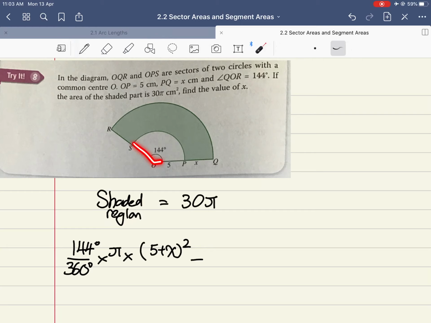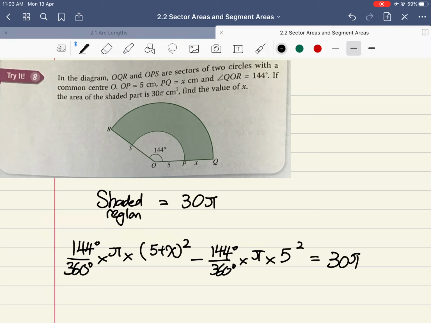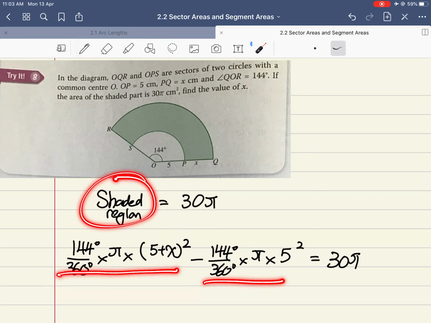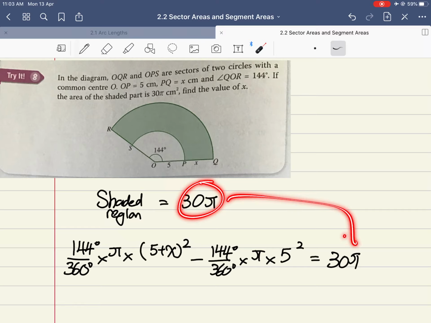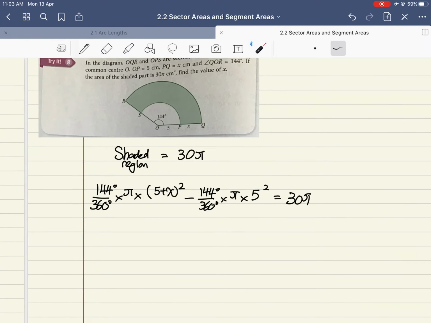Then I have to minus away the area of the small sector, which is here. So I get 144 over 360 times pi times, what's the radius in this case? It is 5 squared is equals to 30 pi. So essentially, I've translated the word shaded region into this minus this.